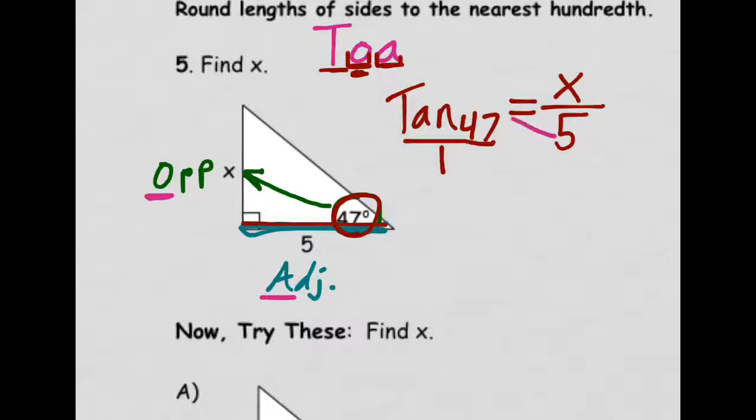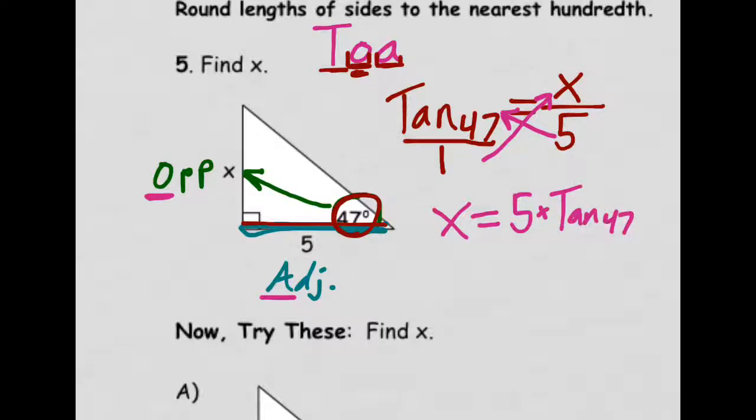We've got 5 times the tangent of 47 and 1 times x. Well, what's 1 times x? X, right? And 5 times the tangent of 47 is just 5 times the tangent of 47.